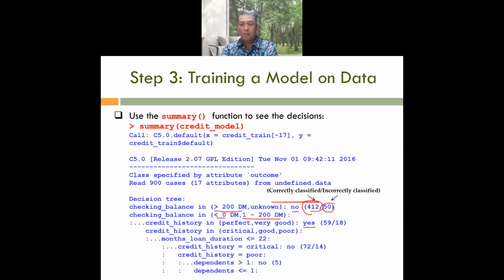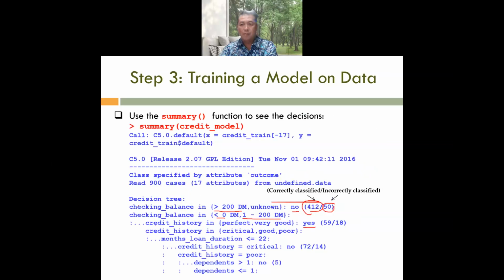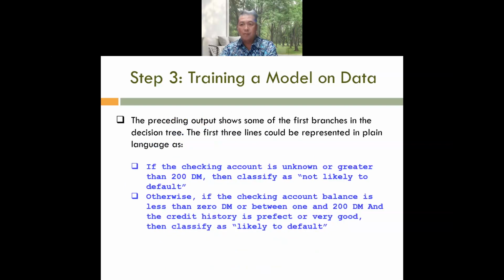If we convert this into sentences, this is the sentence that we have. If the checking account is unknown or greater than 200 Dutch money, then classify as not likely to default.